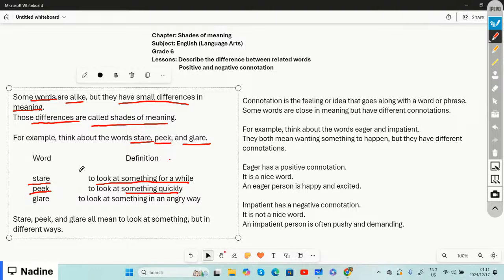And then we have the word glare, right? And glare is to look at something in an angry way. It's like you're rolling your eyes, you are pulling your face, you're looking at something in an angry way.